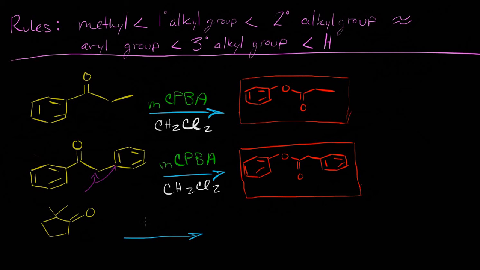So on this next one, I'm going to use a different peroxy acid. So this is trifluoroperacetic acid. Again, you can use any solvent. I'm going to use dichloromethane. And so again, abiding by those rules at the top, what can we expect to happen as our major product?